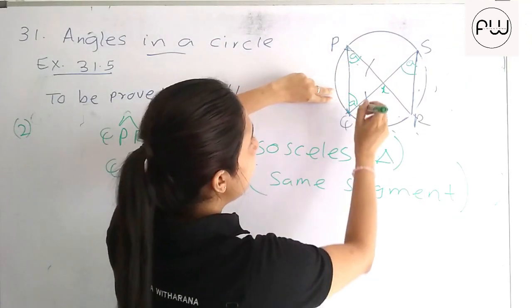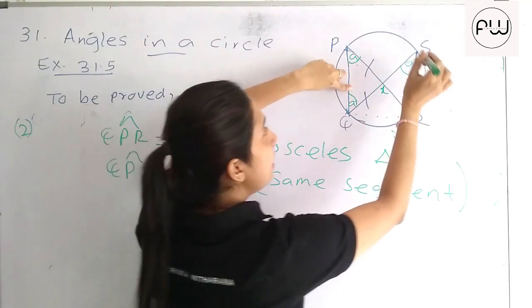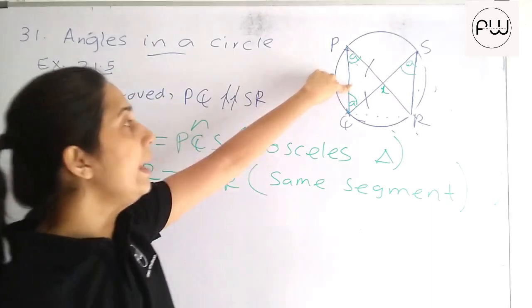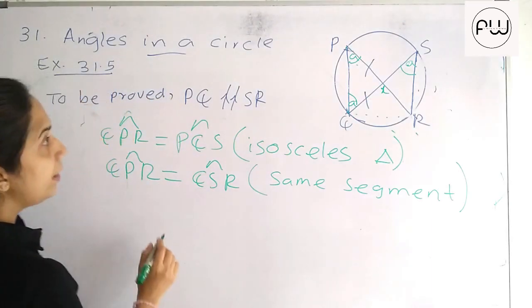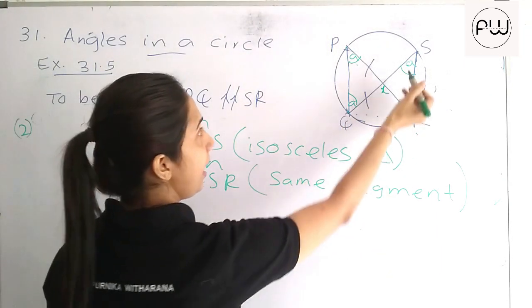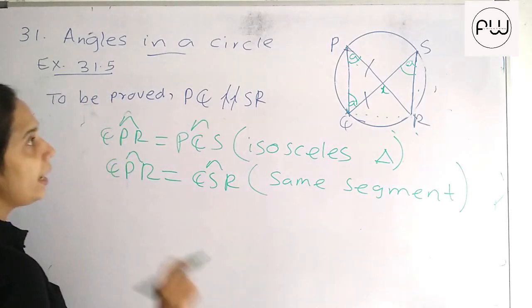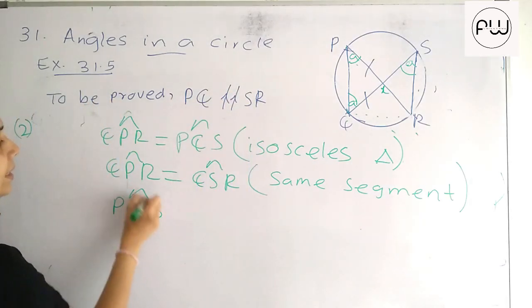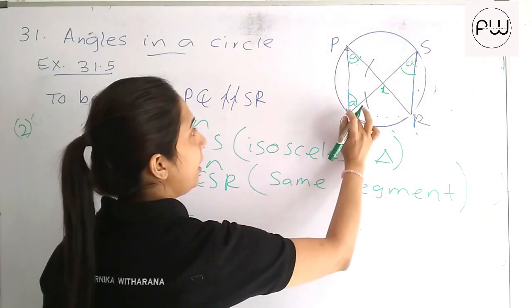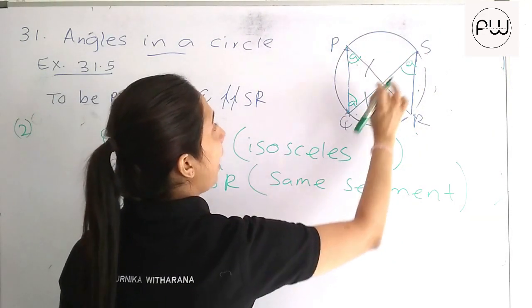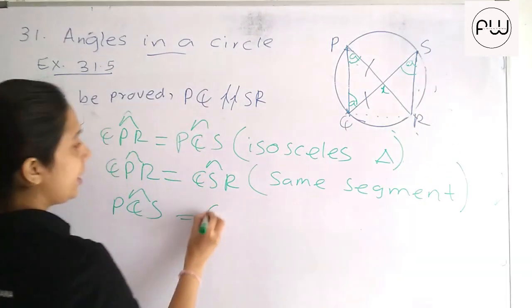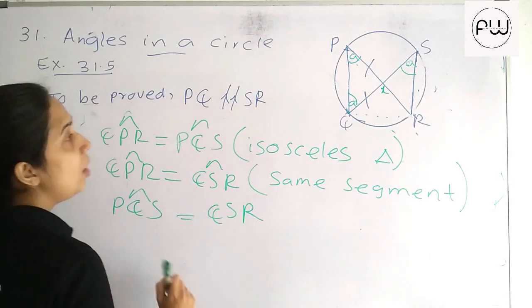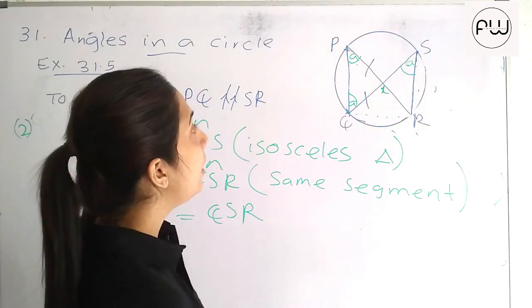You can clearly see this angle and this angle are also equal, because here it's A and here also it's A. Then we can write angle PQS and angle QSR are also equal.